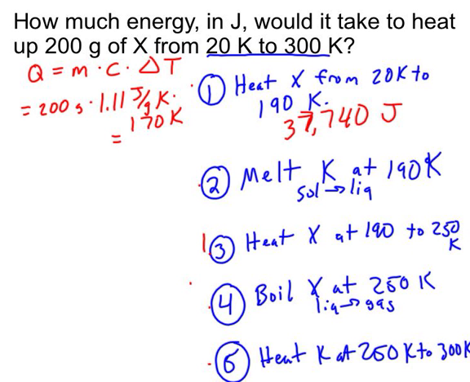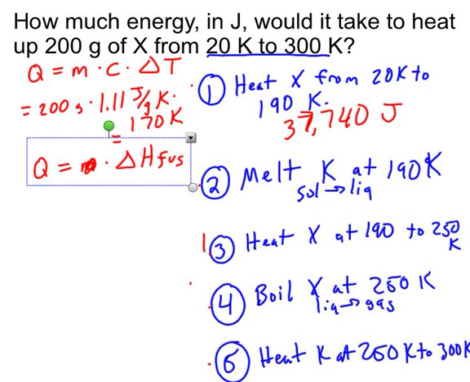The second phase is now to melt this solid, and unfortunately that's a different equation. That is Q equals moles times the heat of fusion. Excuse me, it is not mass, it is moles. We weren't given moles, but we were told the molar mass of the substance is 12.5 grams per mole.